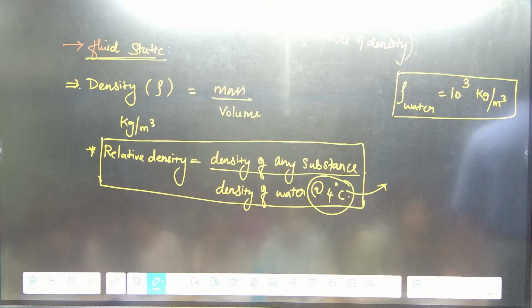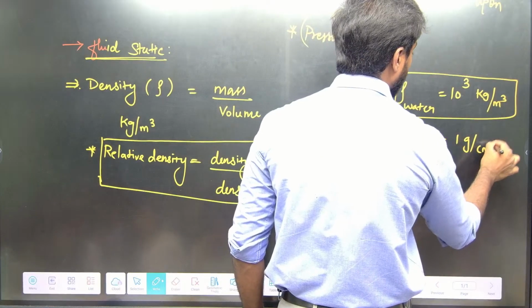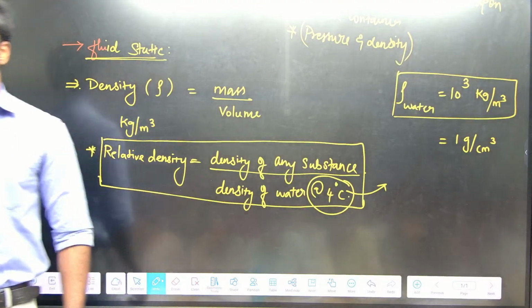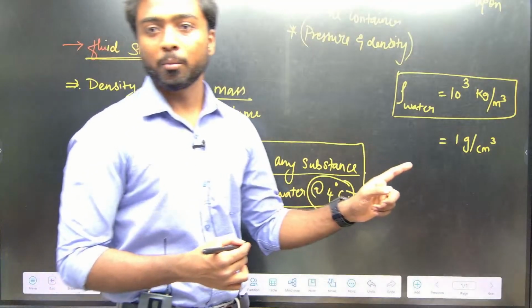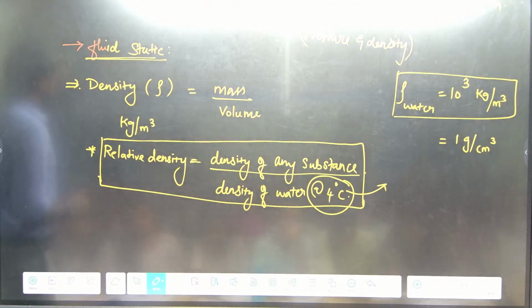If they are asking in gram per centimeter cube, it is 1 gram per centimeter cube. If it is kg per meter cube, it is 10 power 3 kg per meter cube. If it is gram per centimeter cube, it means 1 gram per centimeter cube.